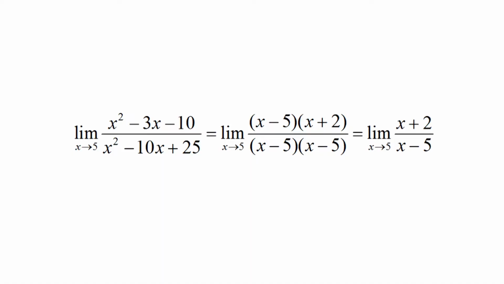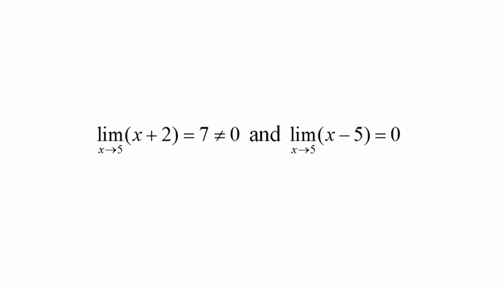Then, the limit of (x square minus 3x minus 10) upon (x square minus 10x plus 25) as x approaches 5 equals the limit of (x minus 5) into (x plus 2) upon (x minus 5) into (x minus 5) as x approaches 5, which is equal to the limit of (x plus 2) upon (x minus 5) as x approaches 5.